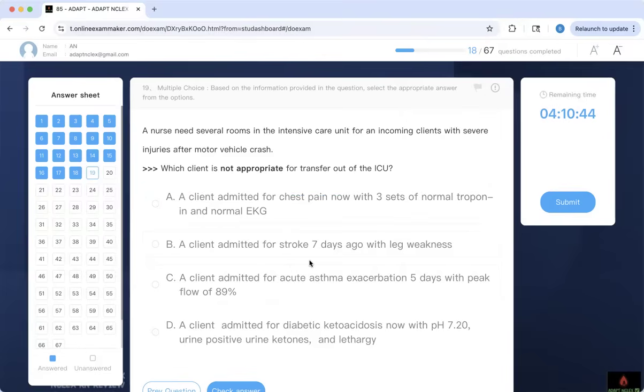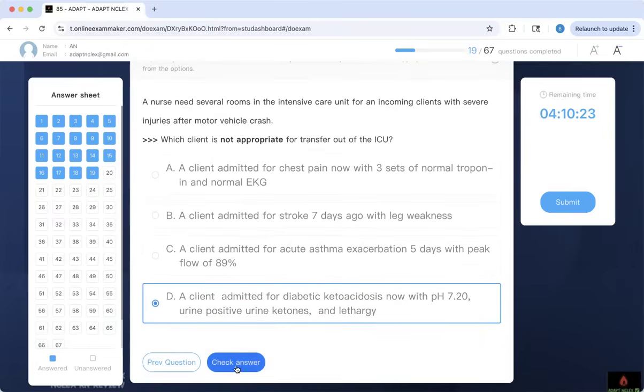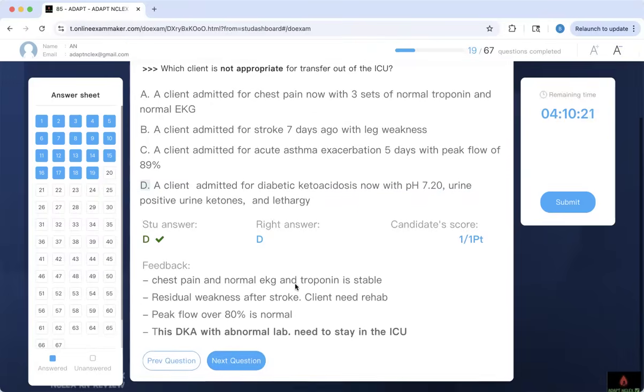Stroke 7 days ago with leg weakness is residual damage already done. We can't reverse it. There's no new damage. If you have asthma and your peak flow is 89, you're in the green zone. You're good. By default, the DKA patient is in trouble, and that's the one you have to see.